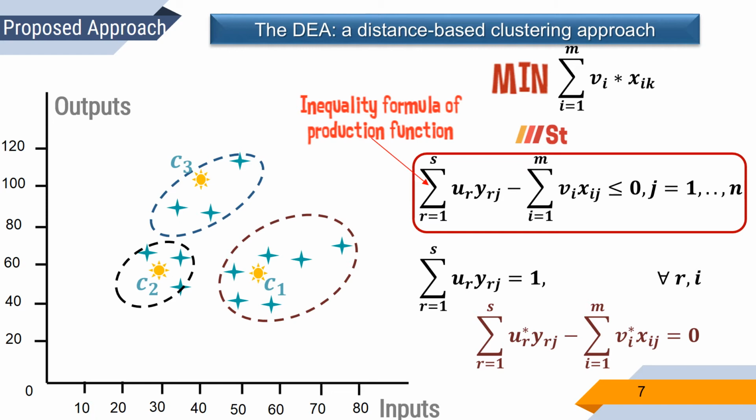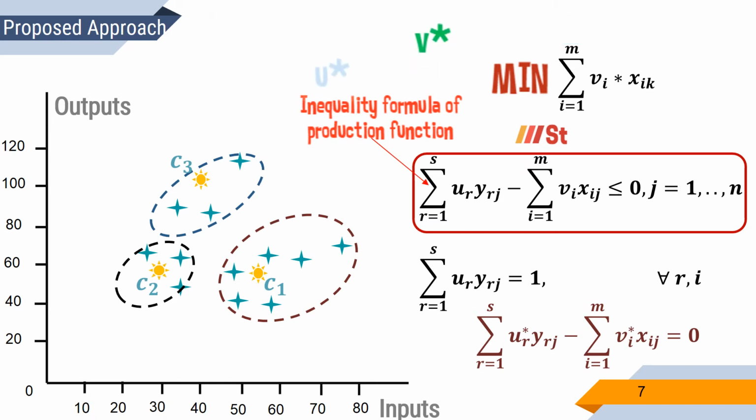And this triggers the idea to further make use of this theory for the clustering task of data envelopment analysis. In fact, solving this linear program would yield the optimal virtual multipliers U and V, characterizing all possible production functions which would serve as piecewise frontiers to classify the available DMUs.